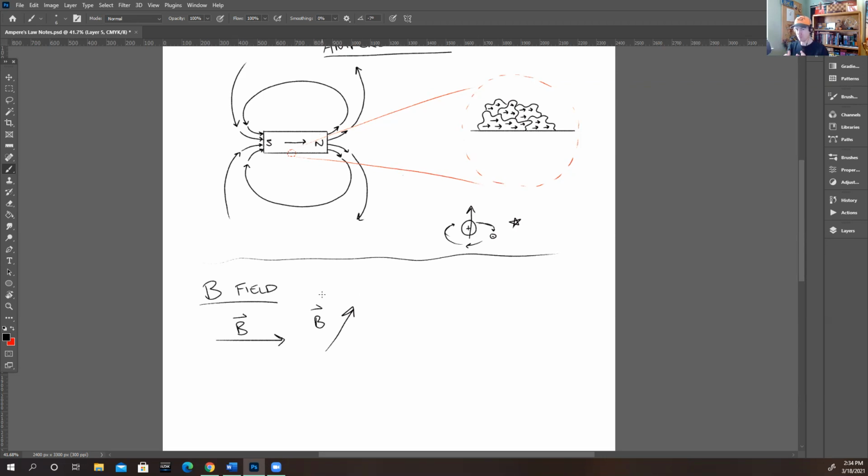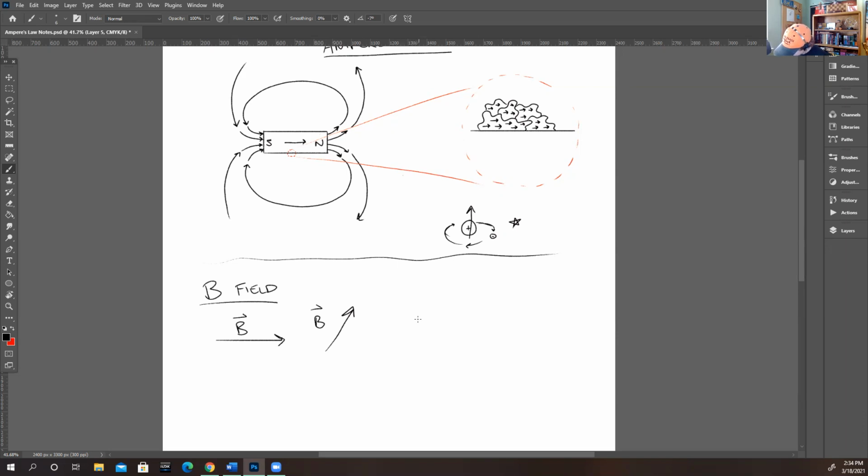We need to be familiar with magnetic fields that point at us, or vectors that point at us or away from us. So we have to make the notation of a vector pointing towards us and away from us.